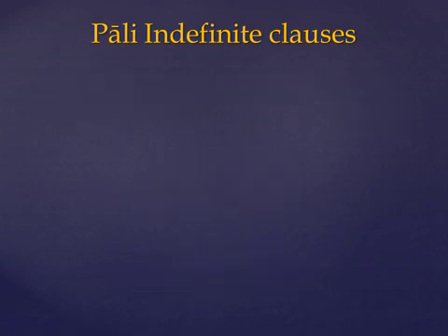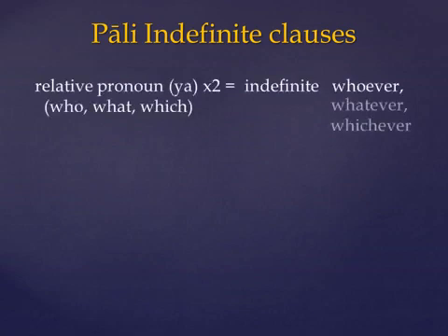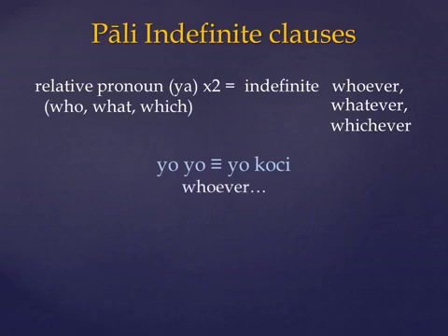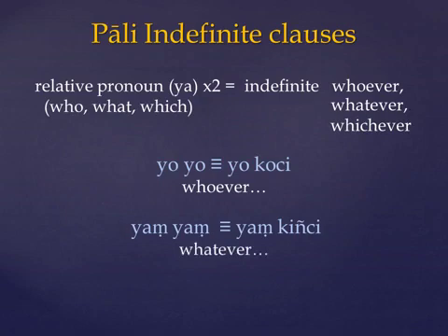Another way of creating the indefinite whoever is to repeat the relative pronoun twice. So if you see the term yo-yo, that's equivalent of yo-koci, whoever, and yang-yang is equivalent to yang-kinchi, whatever.